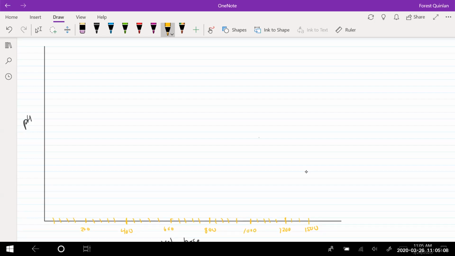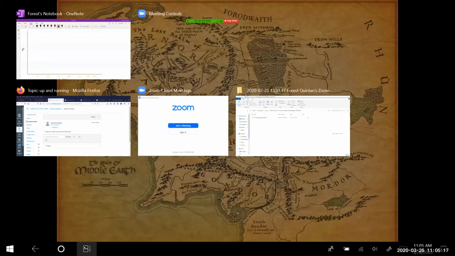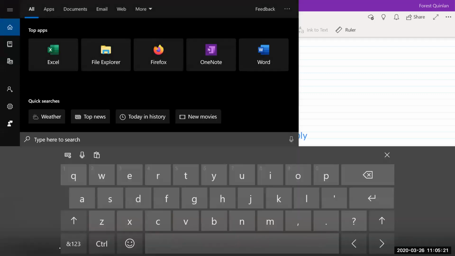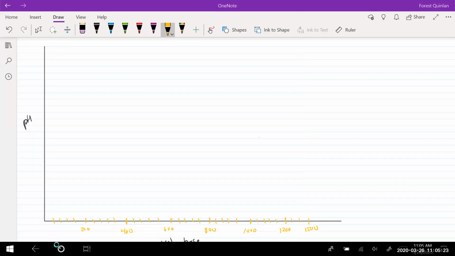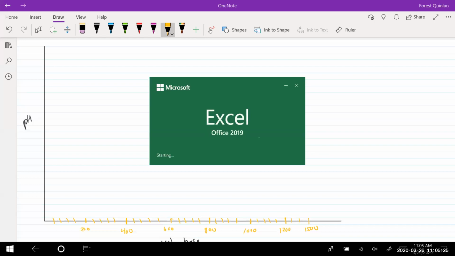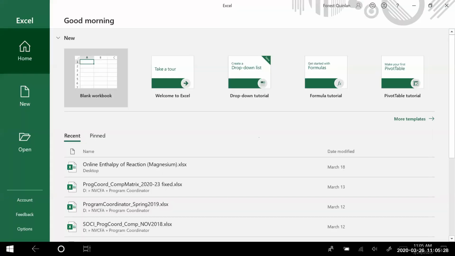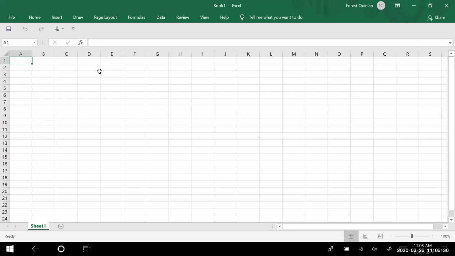Should I do this in Excel real quick? Is it that button? Let's go Excel. This will be hard because I don't have my thing up.